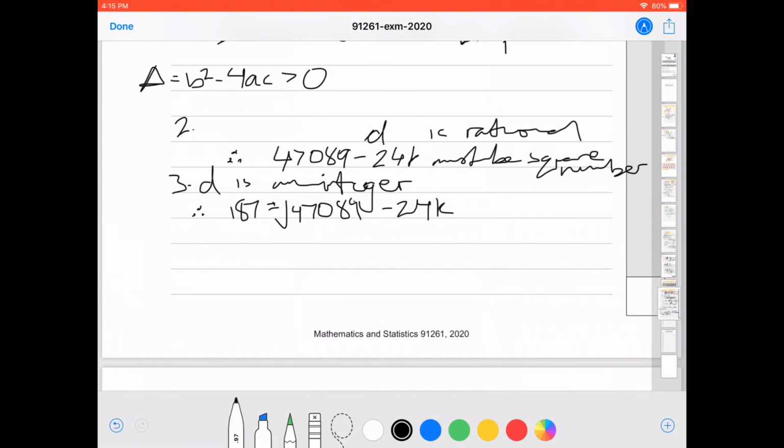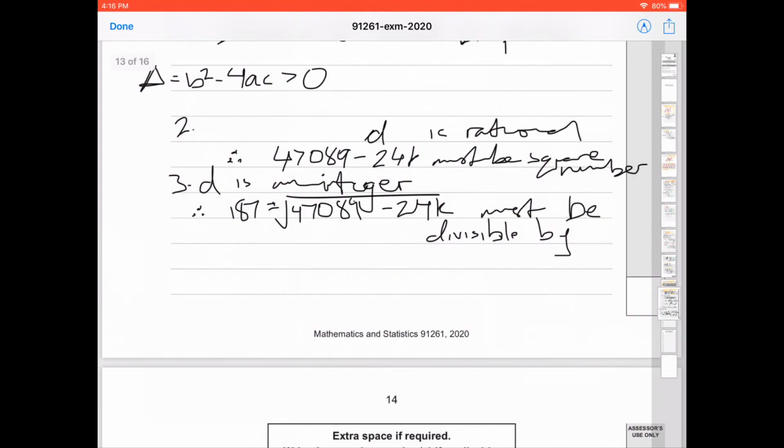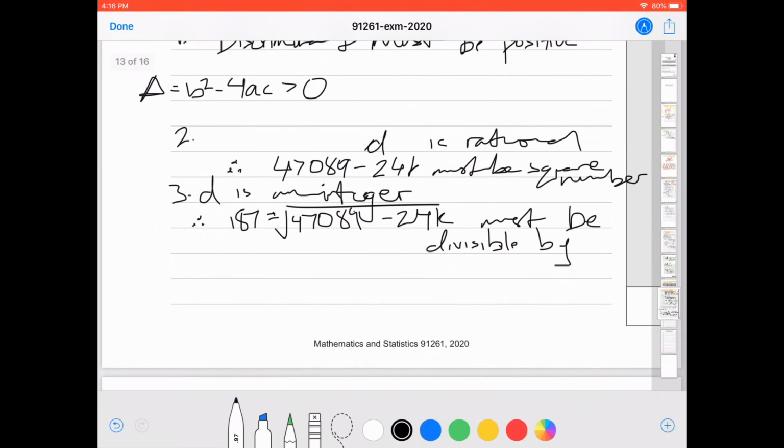Basically, the numerator must be divisible by the denominator, which is, of course, 12. So they want D to be an integer, basically a whole number, and so they want the numerator to be divisible by 12, which would make for a whole number product. That's constraint 3 or condition 3.